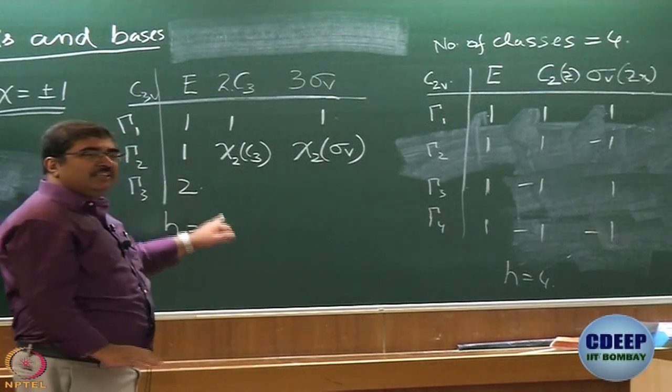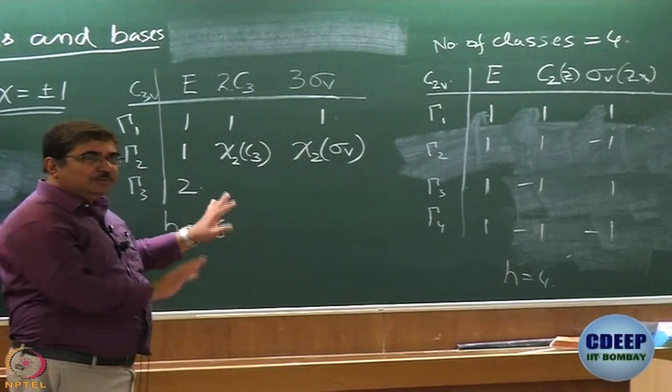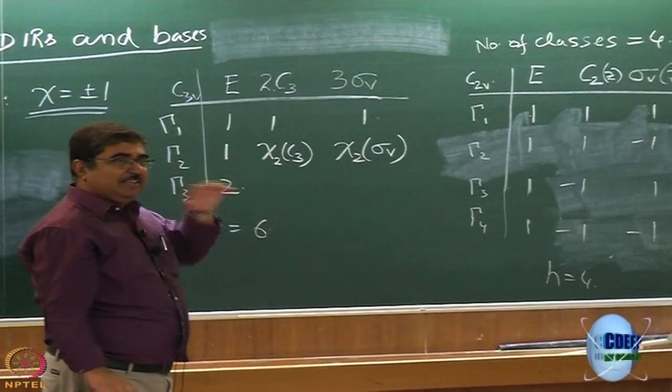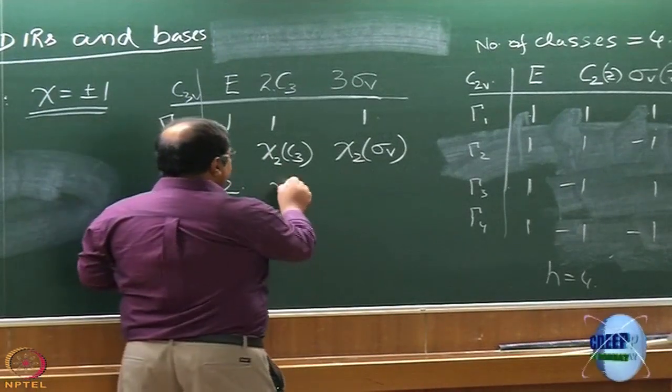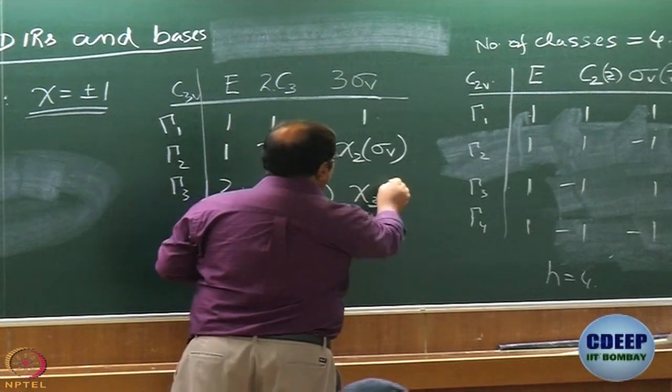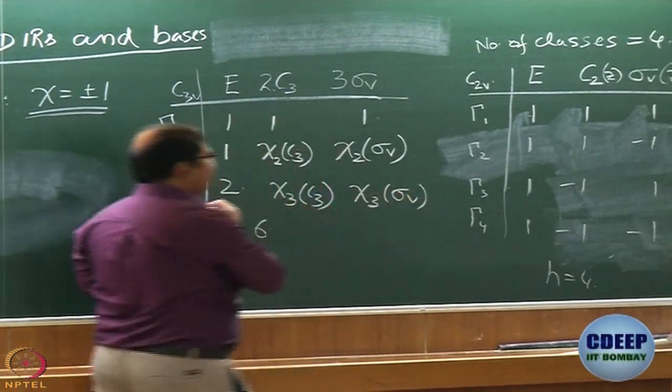Here one is one dimensional, the other is two dimensional. So, it is going to be a little different. So, I have to write 2 and 3 specifically. This one is chi 3 of C3, chi 3 of sigma v.